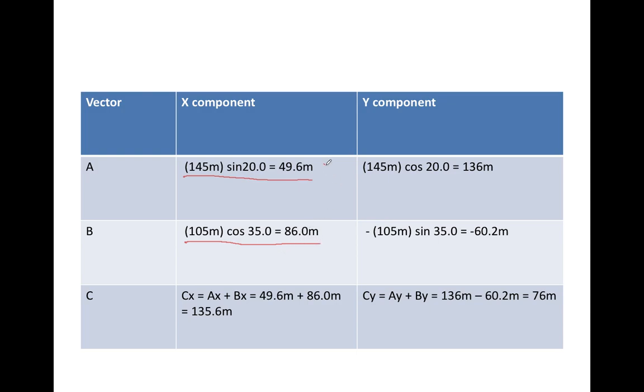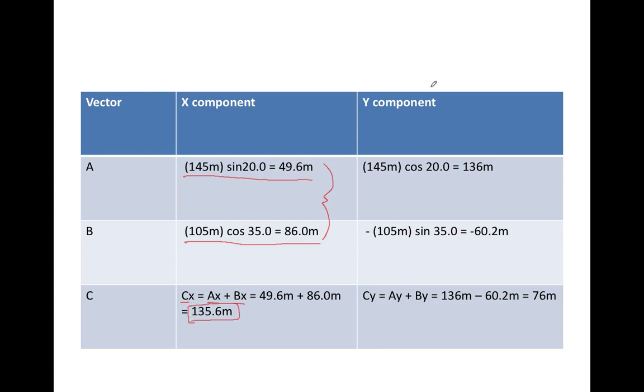If you're not sure how I got these values, you can call me over and I can help you to understand that. And then we can find the resultant Cx value by simply adding Ax and Bx together. And that gives us the resultant Cx value.